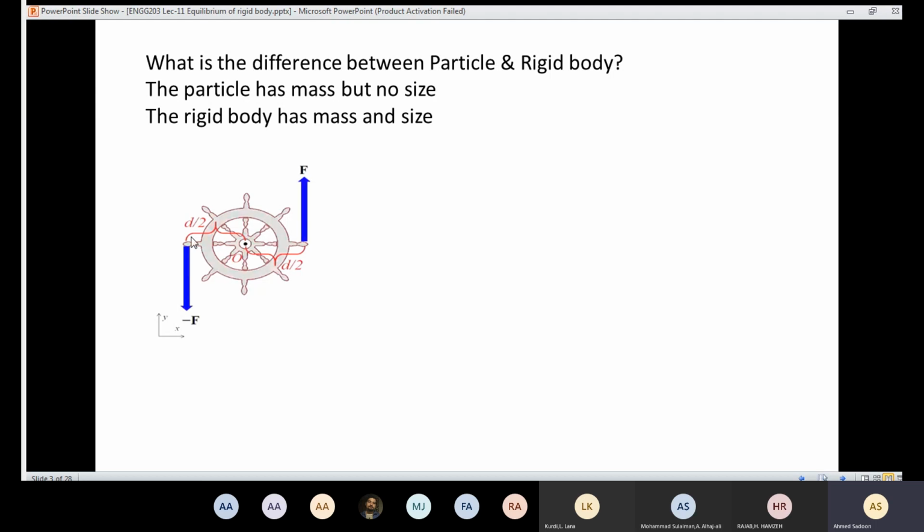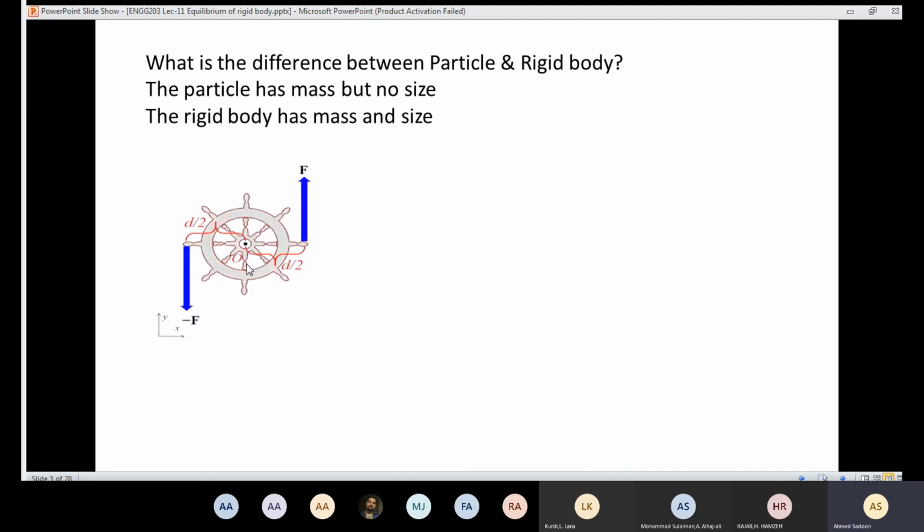And for example, here we have a steering wheel. Assume that you apply a force here. So if you apply a force at that end, you are going to get rotation. So as a result, if I apply a force here, I'm going to have rotation about the point O. And the distance from here to here, if the whole distance is d, then the distance from here to here is going to be d over 2.